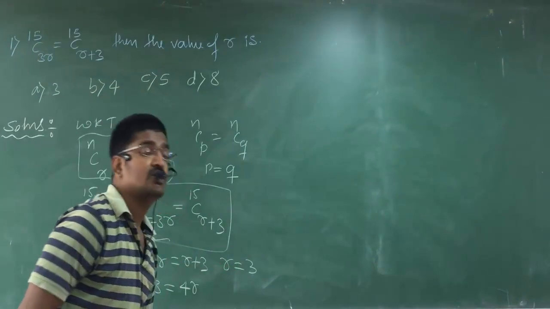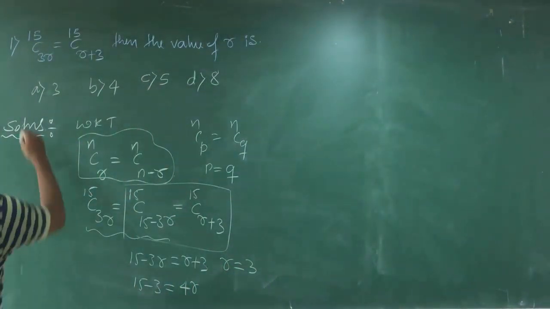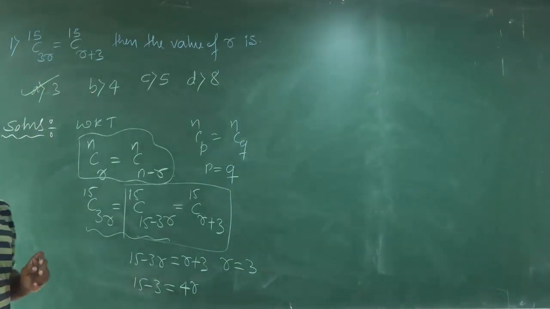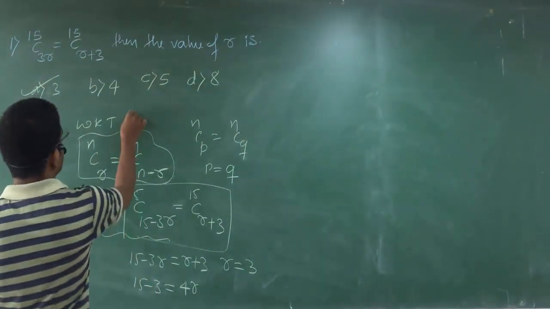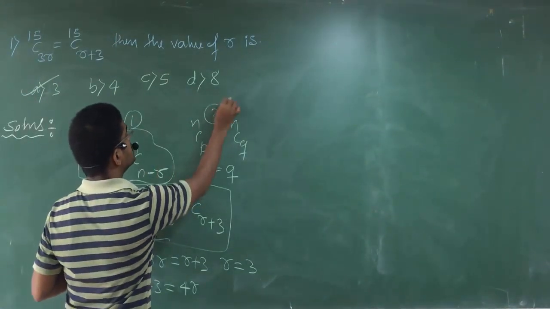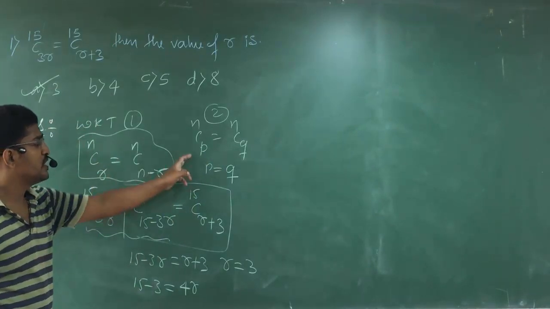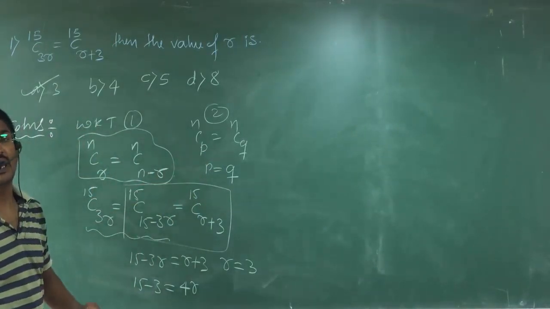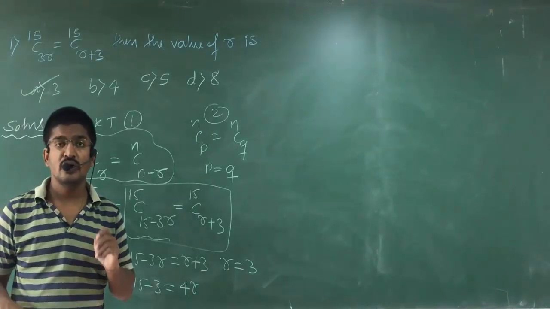Therefore r is equal to how much? 3. Answer is 3. You have to remember these first two things. If you know these two things, then the simplification will be very easy.